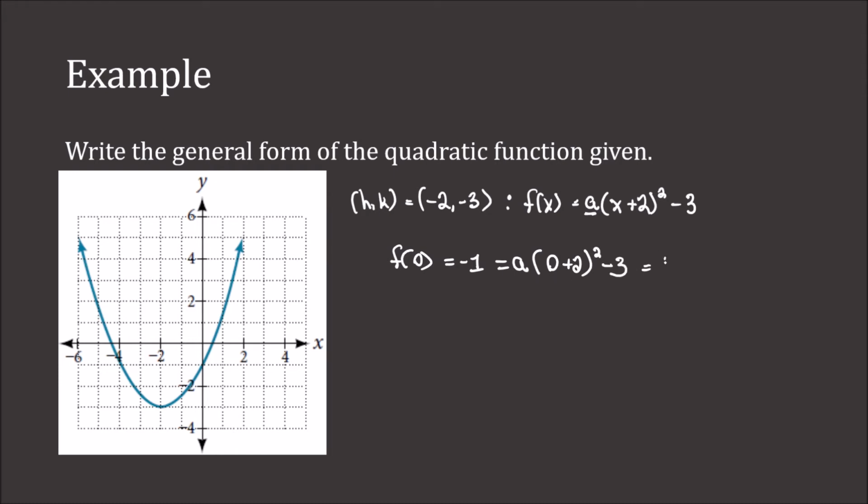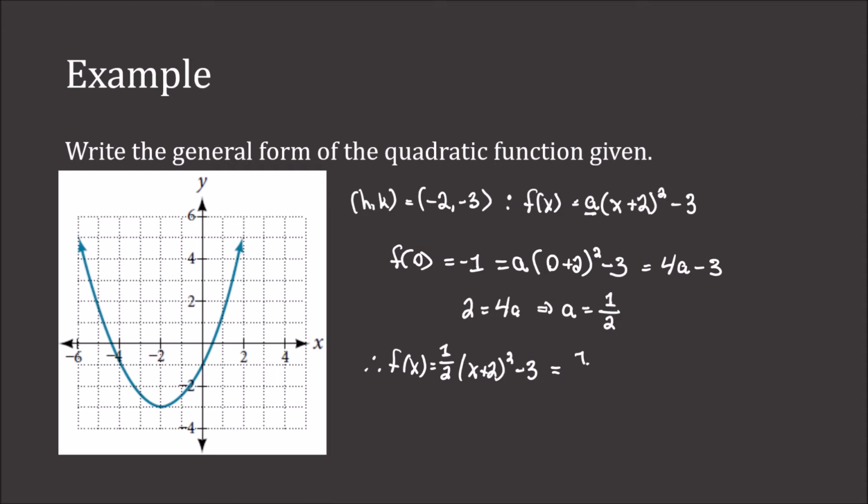So this becomes 4a minus 3. So if we add 3, we get 2 is equal to 4a. Now divide by 4, and we find that a is 1/2. So f of x is 1/2 times x plus 2 squared minus 3.